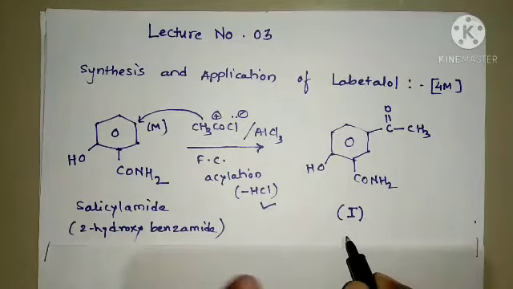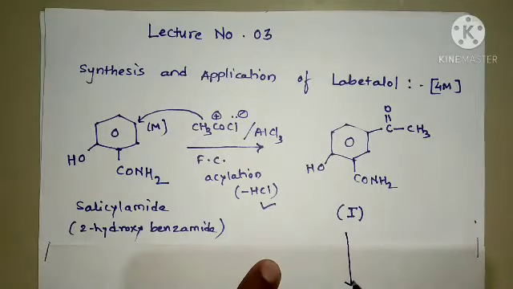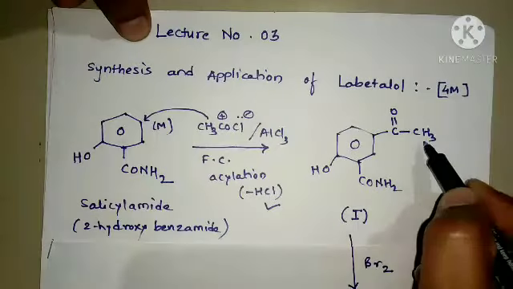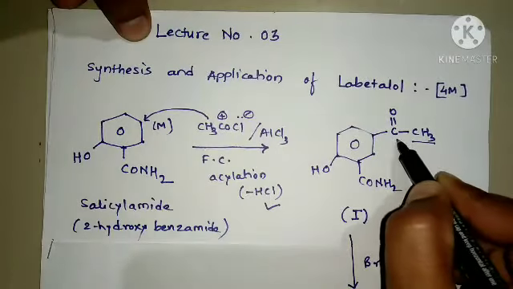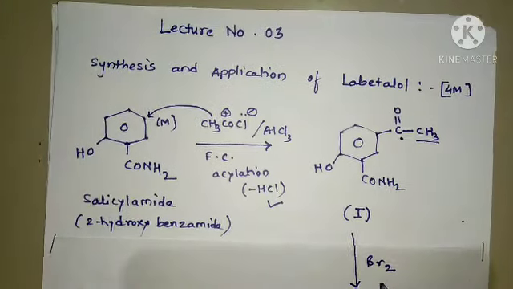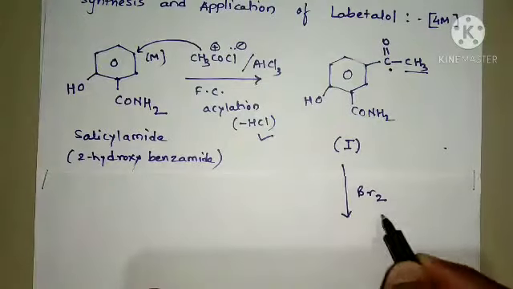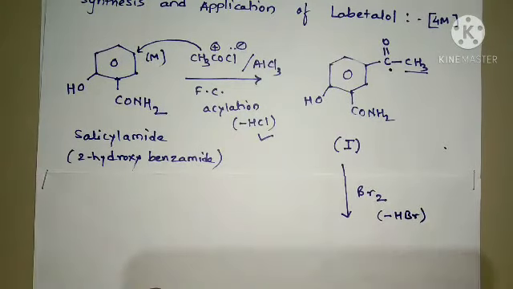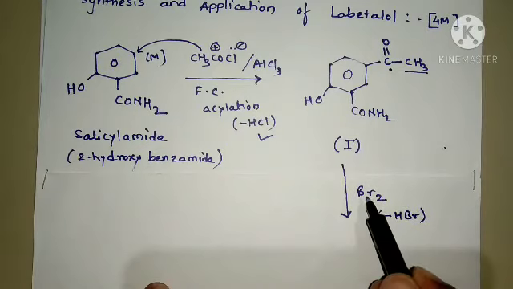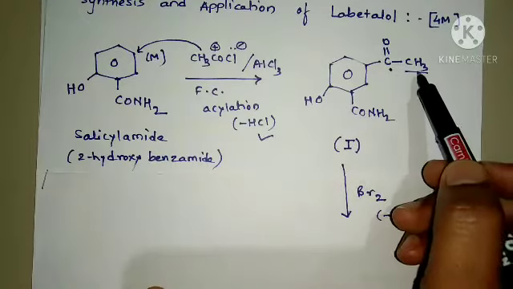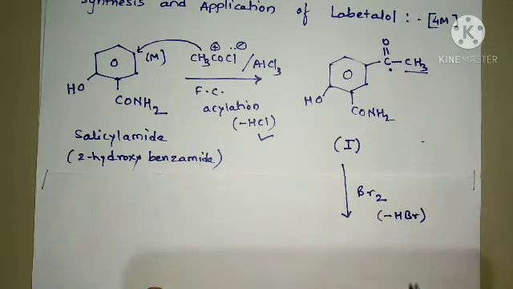Then the first intermediate undergoes bromination at the CH3 carbon of the acetyl group. After bromination, there is removal of an HBr molecule and one bromine is attached to the CH3 carbon.